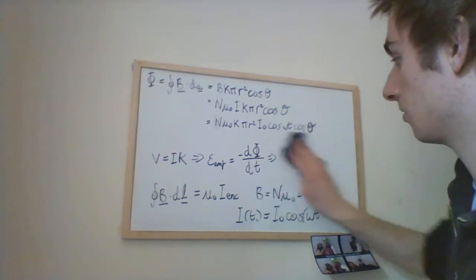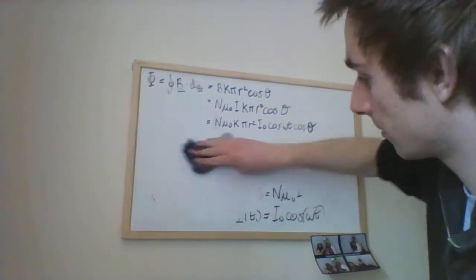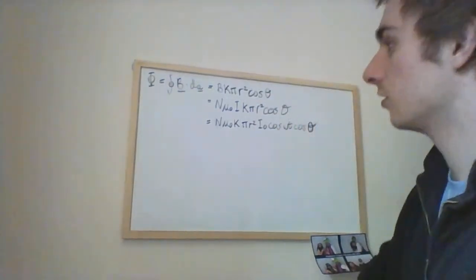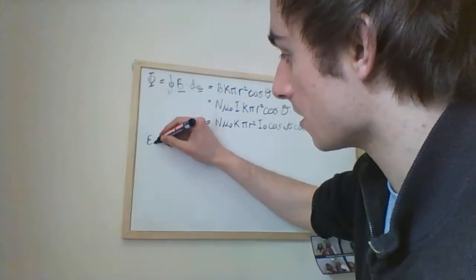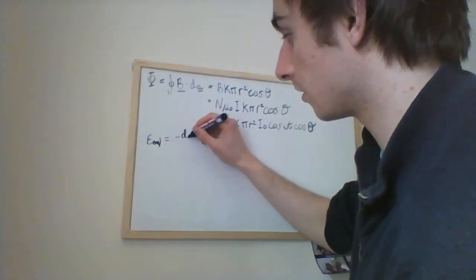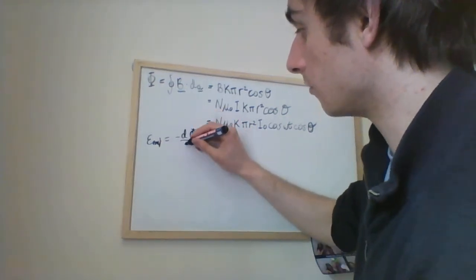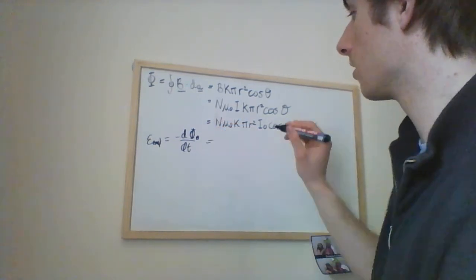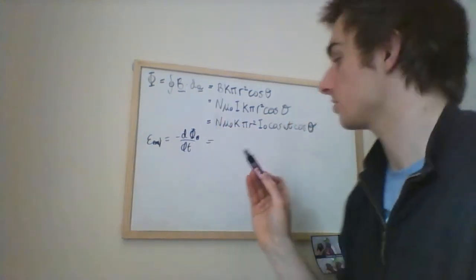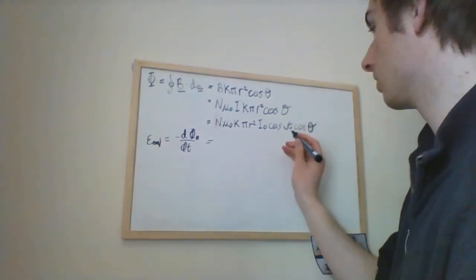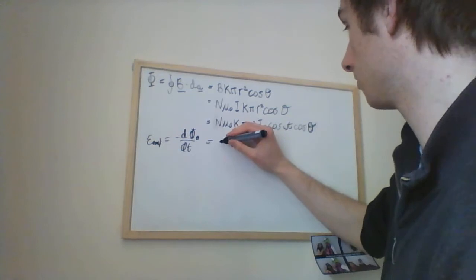So I'll just rub this out for now. So then EMF is equal to the rate of change of magnetic flux. So we just differentiate this. All of this can be treated as a constant apart from this cos term. So we take this omega at the front.